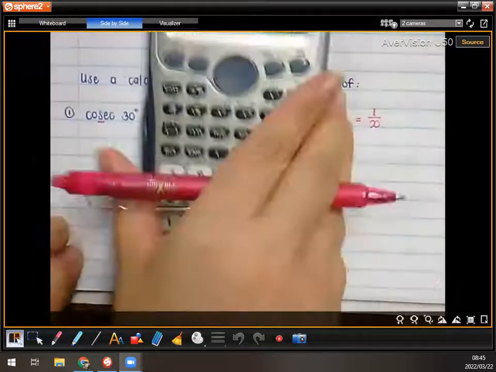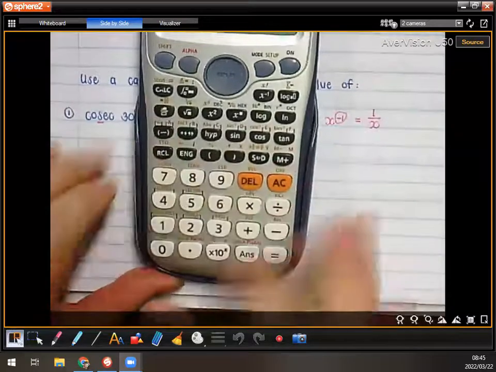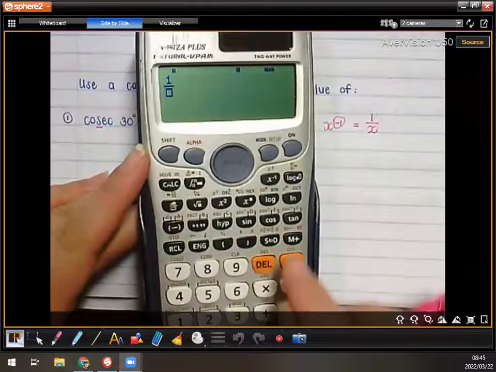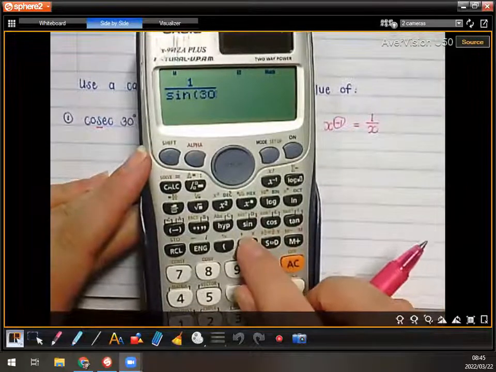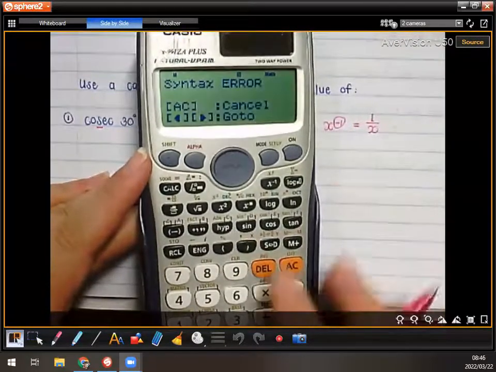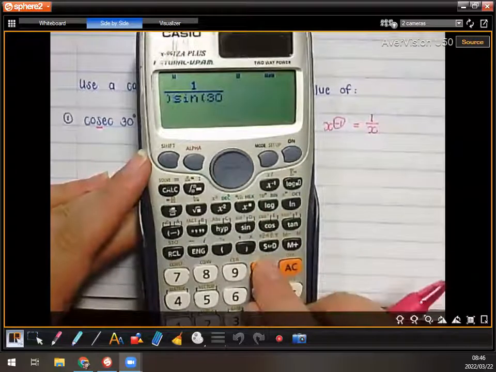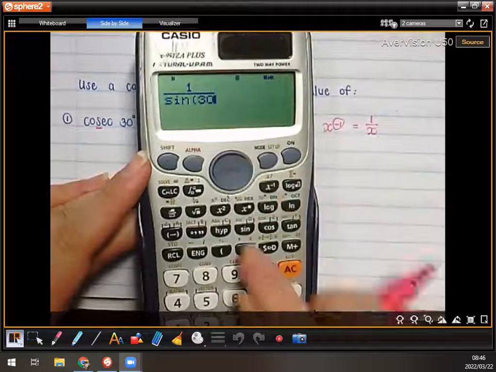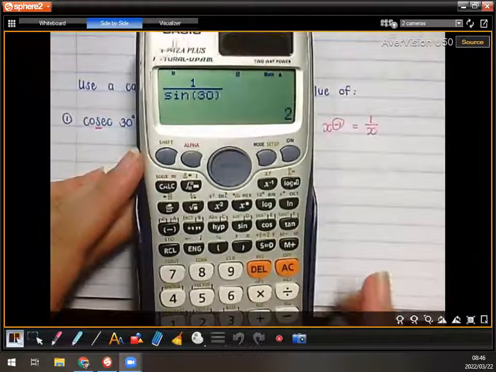All right, so we're going to do 1 over, oh, sorry, you see what I first said? 1 over sine 30. For this, you do have to close the brackets there. Close bracket, and then we get an answer.